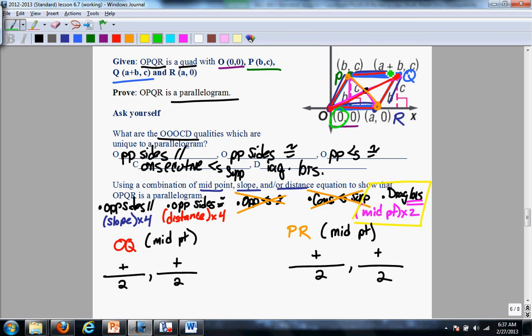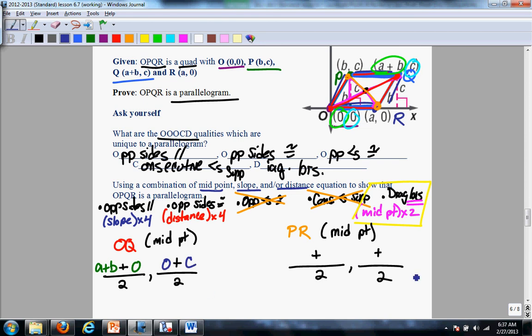We have 0, and we're going to add that to A plus B. 0 plus A plus B is just A plus B. That's our x coordinates. A plus B plus 0 over 2. And our y coordinates is 0 plus C.